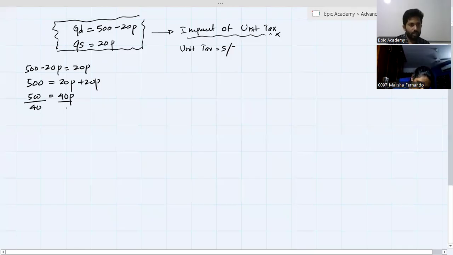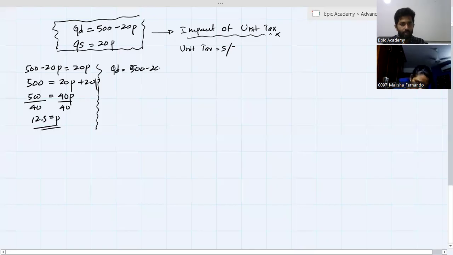Both sides divided by 40. So then what will happen to the price? 12.5, isn't it?